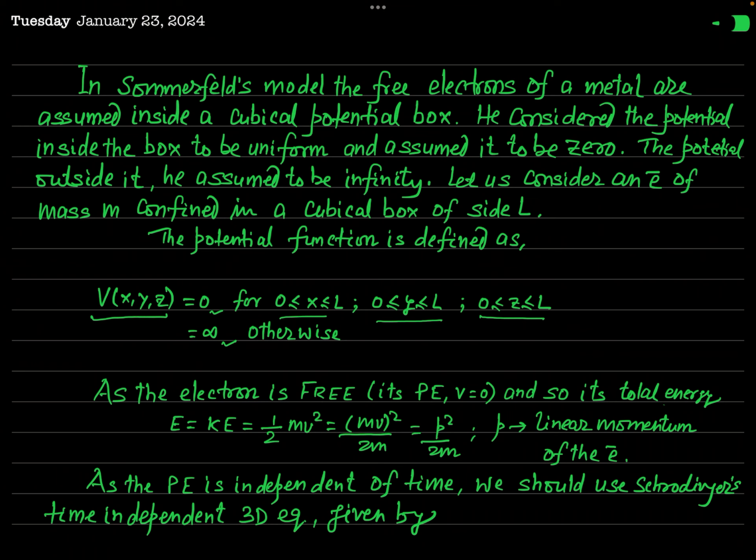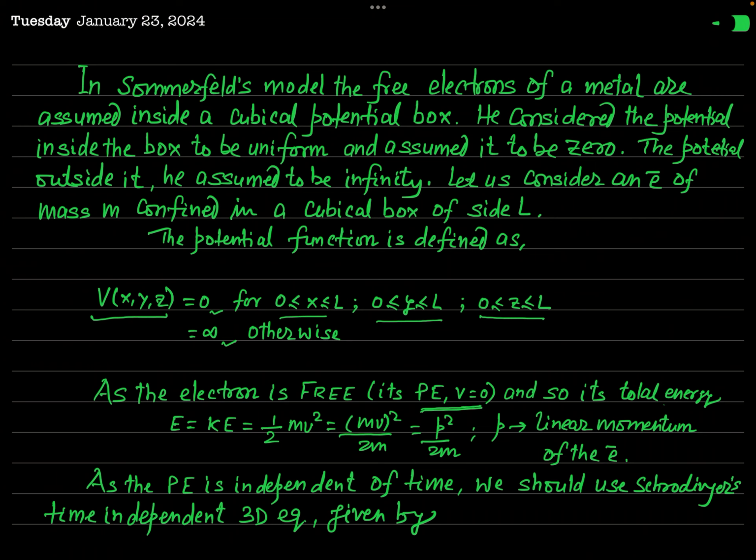Okay. Now you also know, if we talk about a free electron, then since potential energy is the energy of interaction, but we are talking about a free electron in Sommerfeld's model, definitely the free electron will have zero potential energy. So V is equal to 0 in this case.